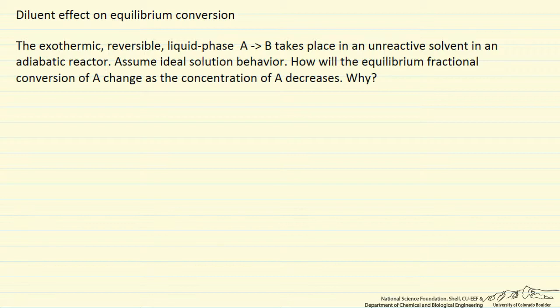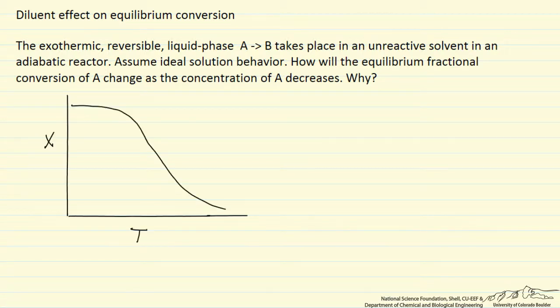So what we want to look at is a plot of fractional conversion versus temperature to give us a better idea of the behavior. So this is how the equilibrium conversion decreases as temperature increases for an exothermic reaction.